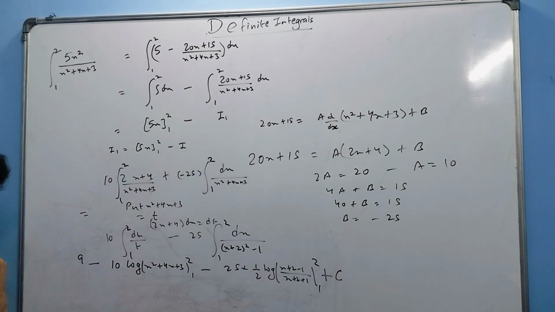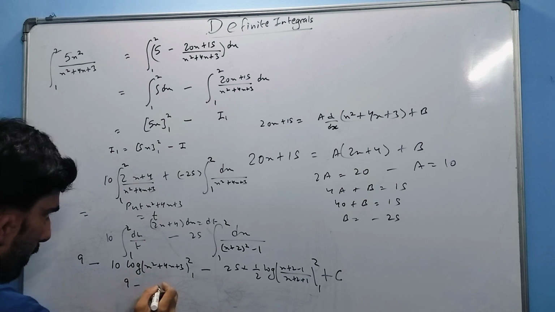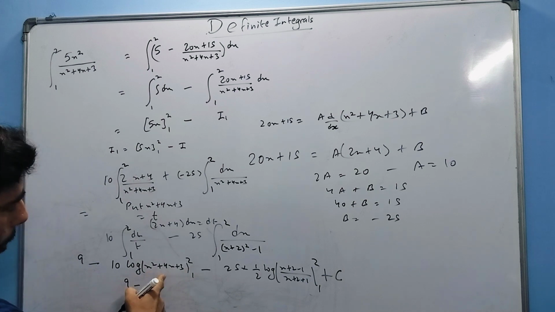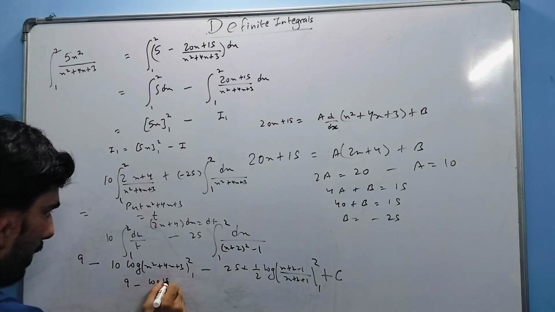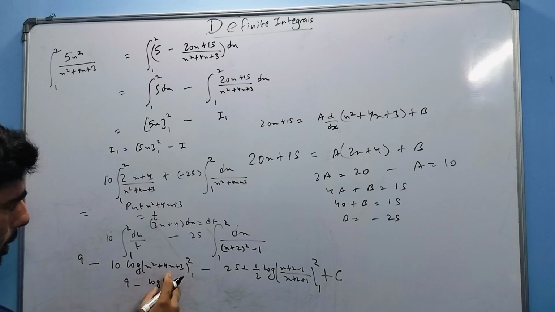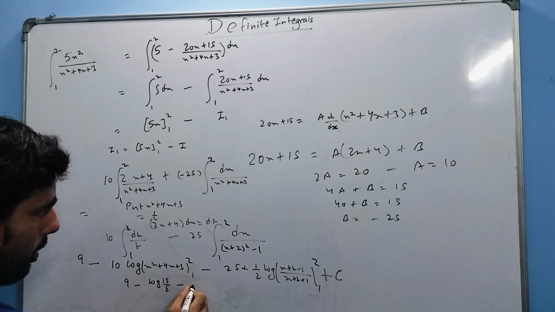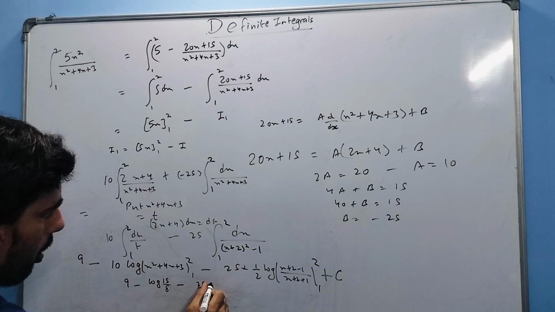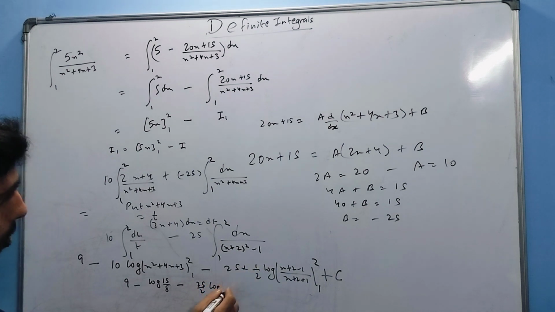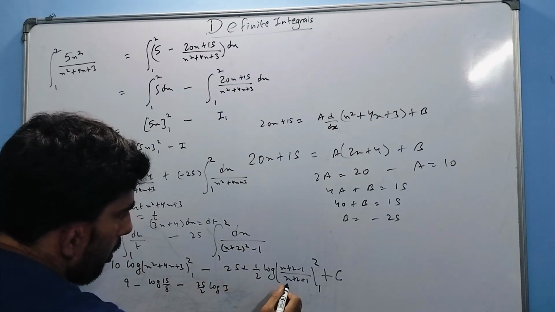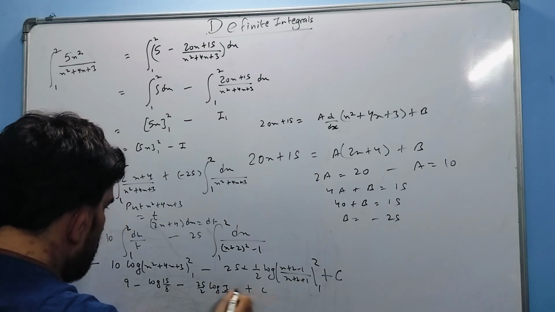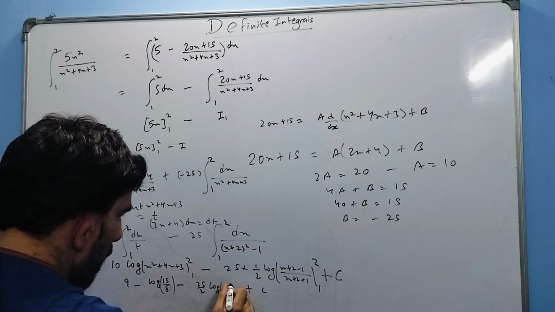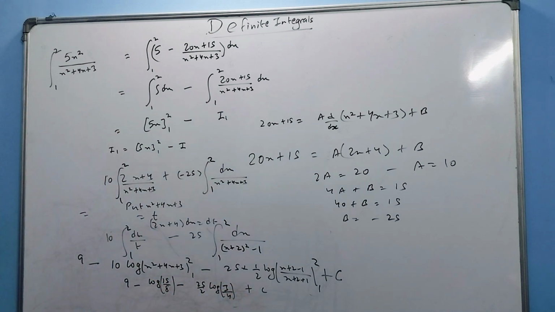Now I'll put here, so I got 9 minus 4 plus 8, 12 plus 15 minus 1 plus 4, 5 plus 3, 8 upon 8, minus 25 upon 2. Here I'll put a log 2 plus 2, 4 minus 1, 3 upon 1 plus 2, 3 plus 1, 4. So that's my answer. Okay. So that is how we can easily evaluate definite integrals.